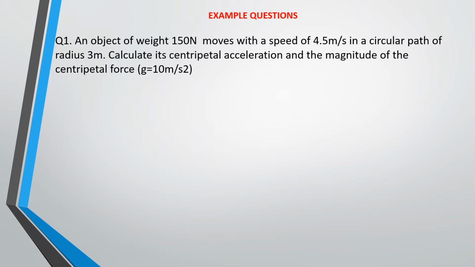So what are you given in this question? You are given velocity v equals 4.5 meters per second. You are also given the weight of the object to be 150 Newton.